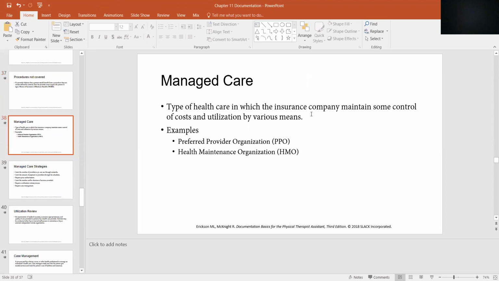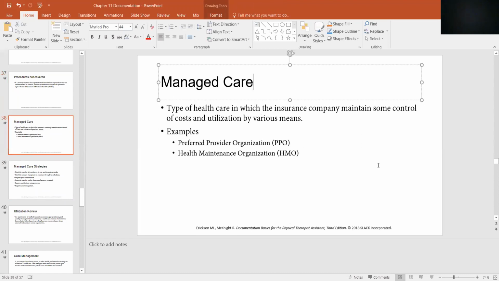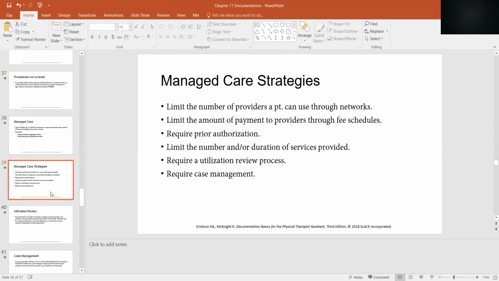Managed care, this is where we get into our PPOs and HMOs. This is probably something you guys are more familiar with, because if you were ever covered by insurance with your parents, it was probably the type of insurance that you had with them. Managed care strategies are just trying to help control costs, because we know medical services cost a lot of money these days.